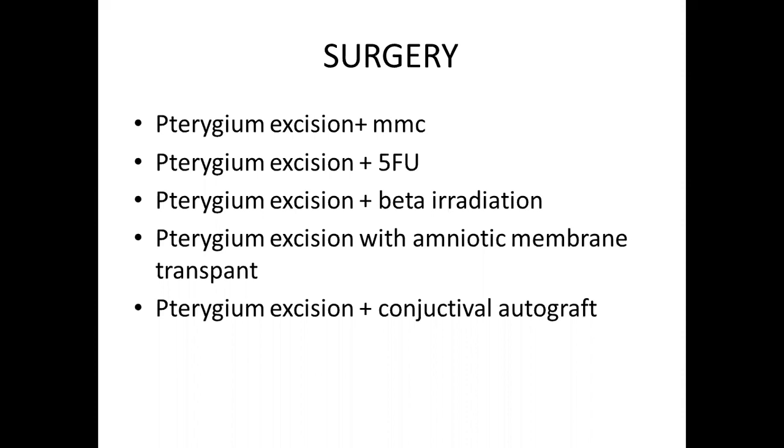So with the application of mitomycin C, at a very mild concentration, 0.06 percent, after you remove your pterygium, you just place a cotton wool soaked in mitomycin C on it for like 3 to 5 minutes, after which you irrigate very well with about 50 mils of normal saline, because it's very toxic to other parts of the eye, like the cornea.